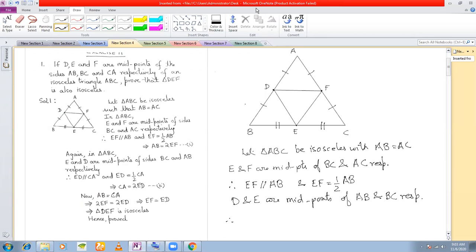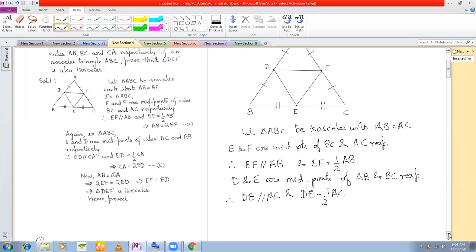Anyone want to try? Sneha, yes, tell me. DE is parallel to AC and DE is half of AC. Exactly. Very good. DE is parallel to AC and DE is half of AC.